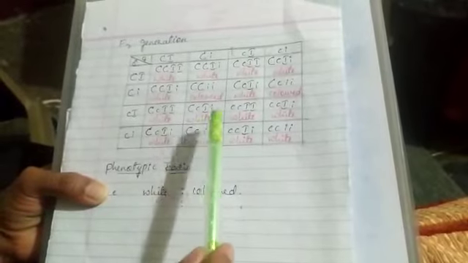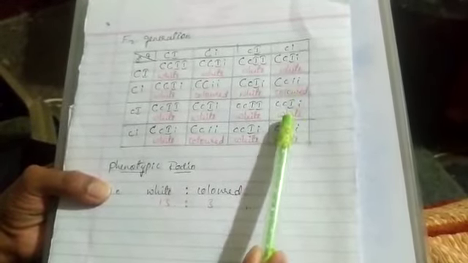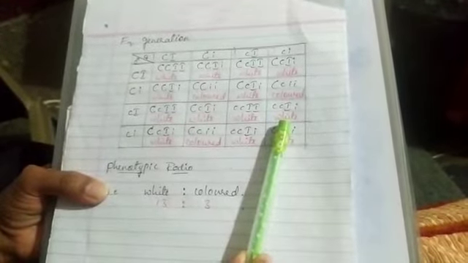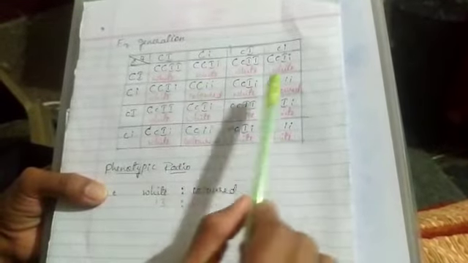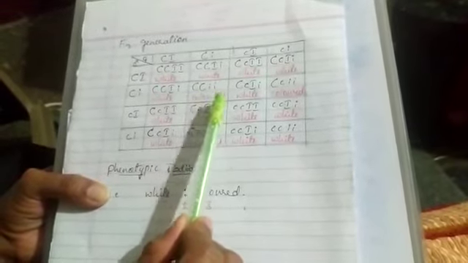The next one, capital C, capital I, small i, also expresses white. Another is small c, capital I, small i. Here the capital I is expressed as white color. Out of the 16, 13 are white and the remaining 3 are colored. In the colored, the genes are capital C and small i.